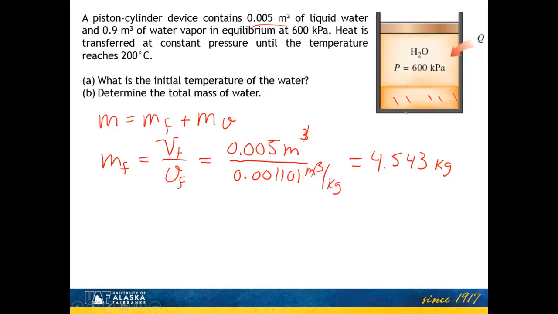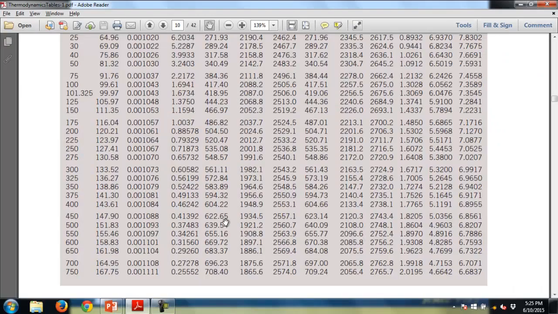Now I need to get the mass of the vapor. I'm going to do that the same way. m sub v is the volume of the vapor divided by, I'm going to call that m sub g to stick with the notation of the book. So m sub g is the total volume over the specific volume. That's 0.9 cubic meters. And v sub g, again, I'm going to get that from the property tables. Come back here.